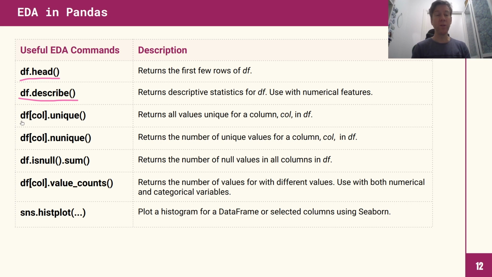You might also want to know about a categorical feature. It could be, for example, the country that the user is based in. So we can have this data frame column called country, and we might want to know what are the countries where the credit card transactions were performed.